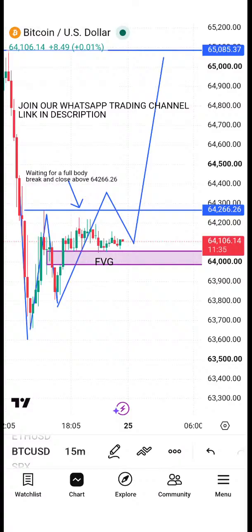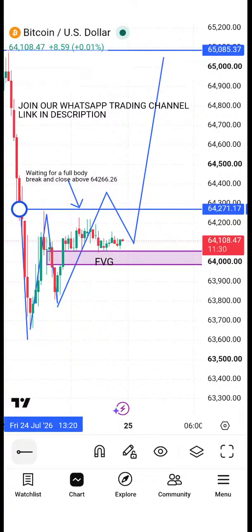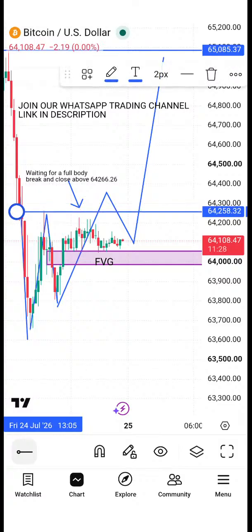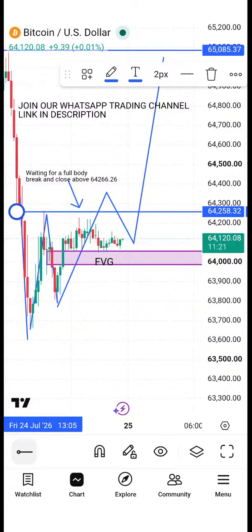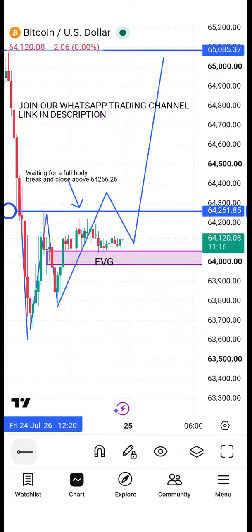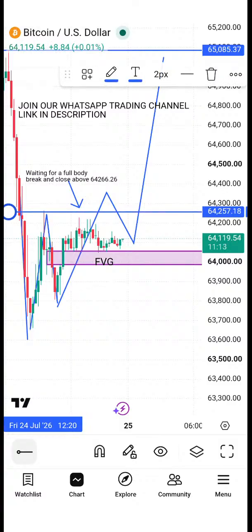Because according to this zone, the market is trading sideways. On the 15-minute time frame, it is trading sideways, so there is no clear direction. But once there is a breakout, there will be a clear direction of where the market is going.